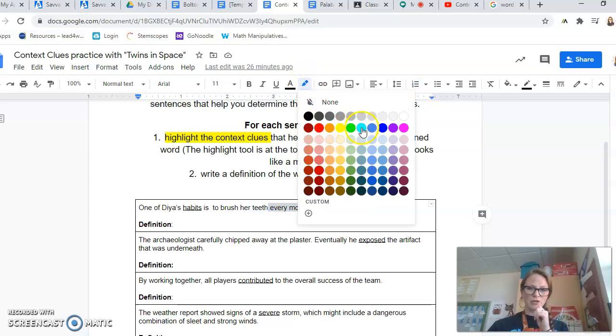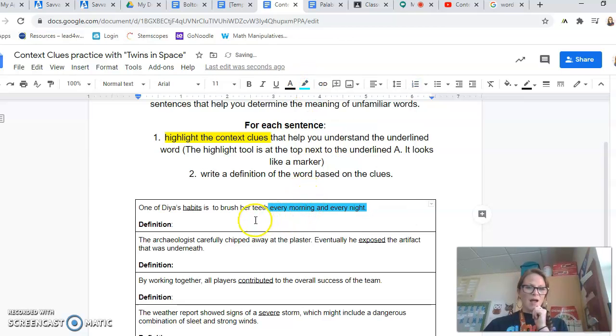So I think that a definition for a habit might be something you do every day. Might also be something you do all of the time, depending on what you think, okay? But I used my context clues to determine what the meaning of the word was.